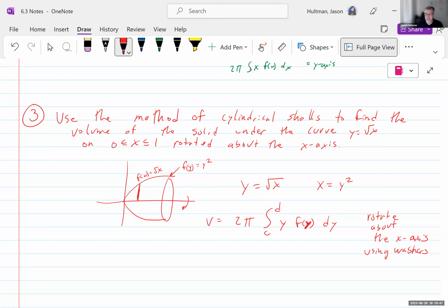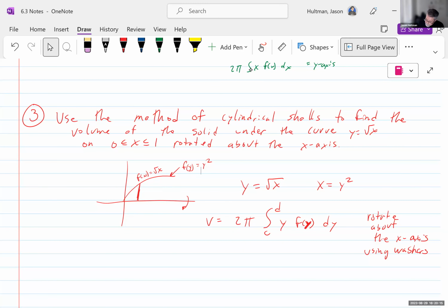Okay, which is basically just a parabola flipped on its side, which is what we have. And what are we going to do? We're just going to rotate this thing. Okay, now, what am I rotating though? Well, I'm only rotating the top half. Okay, so I'm only rotating the top half. I'm not rotating the whole thing.